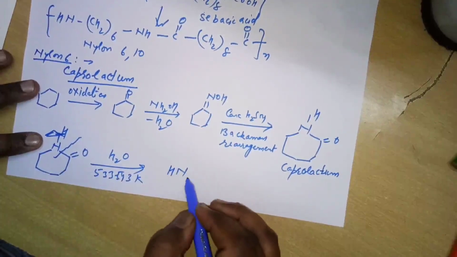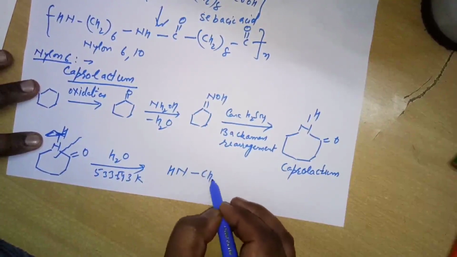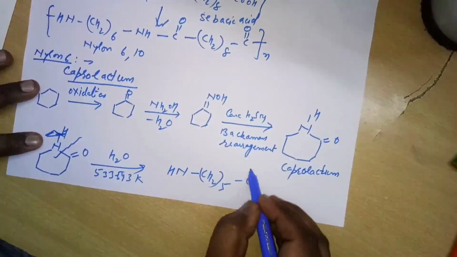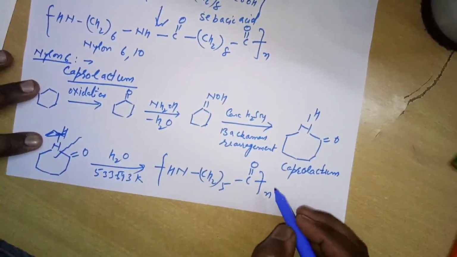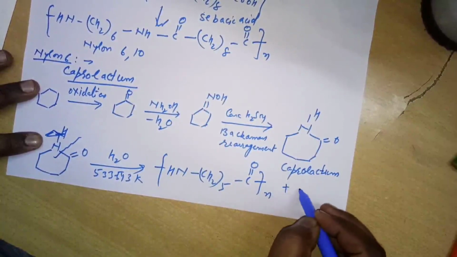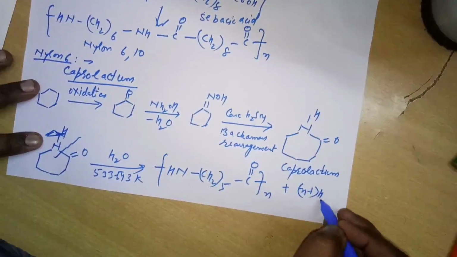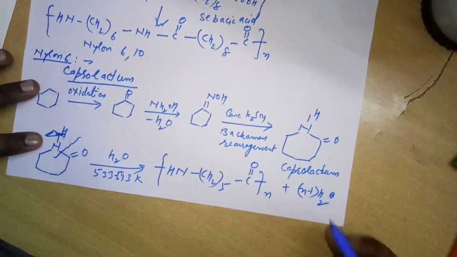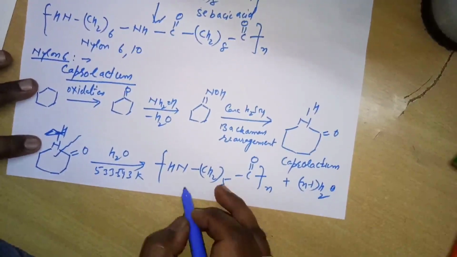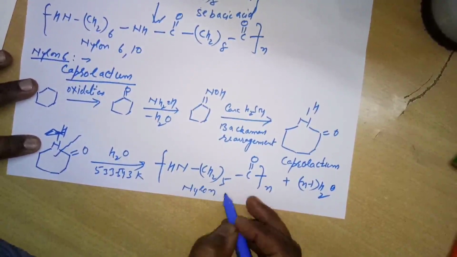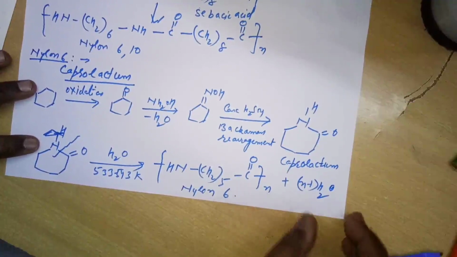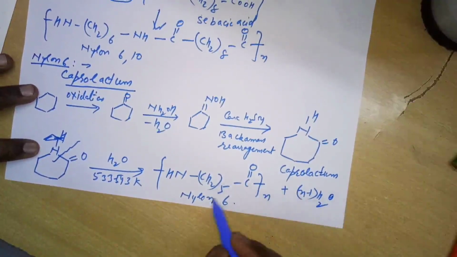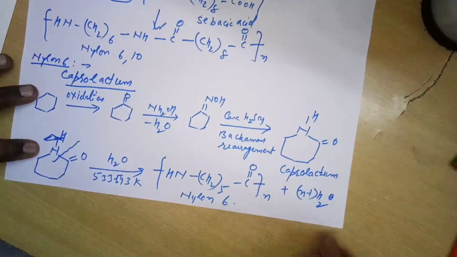We get NH. This is nylon 6. Nylon 6 is used for the manufacture of tires, tire cord, fabrics and ropes.